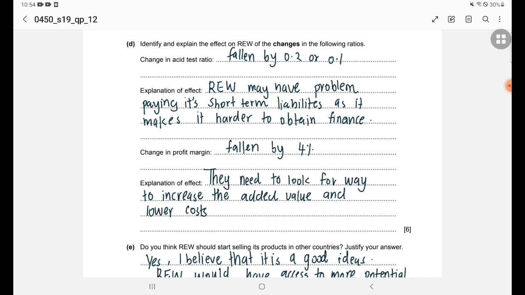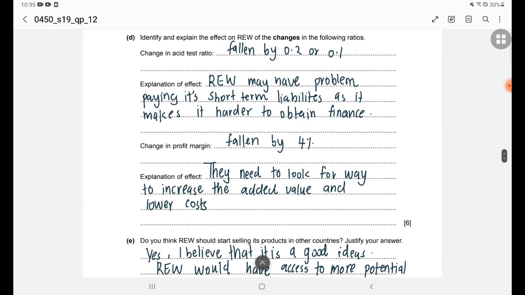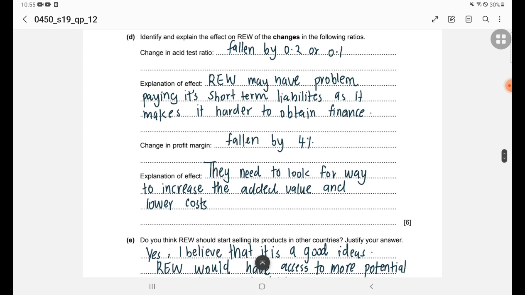You can also talk about reducing creditors or trade payables. Maybe you can state that since the acid test has fallen, the business will be less liquid when it comes to cash in order to pay their day-to-day expenses.